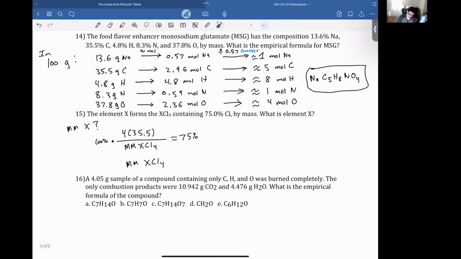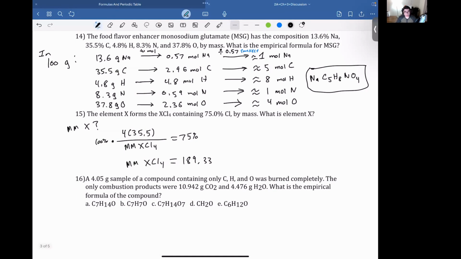So you get the molar mass, right? Multiply up, divide by 0.75 or 75%. When you do that, let's see what you get. 4 times 35.5 divided by 75 times 100. 189.33.